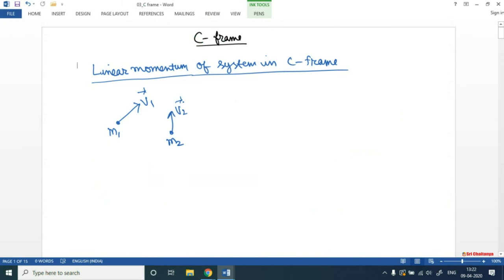Okay, so here can we write the velocity of particle 1 with respect to the center of mass? That is very easy for us. It would be simply v1 minus vc, and we know the formula for the velocity of the center of mass: m1 v1 plus m2 v2 divided by m1 plus m2.